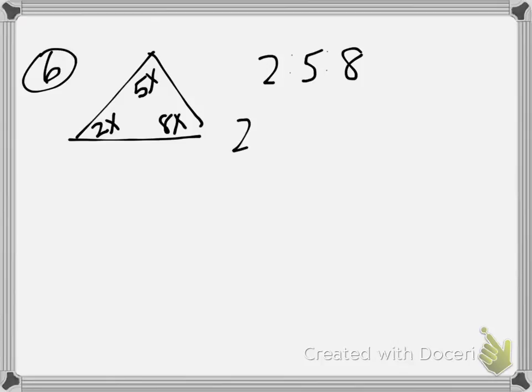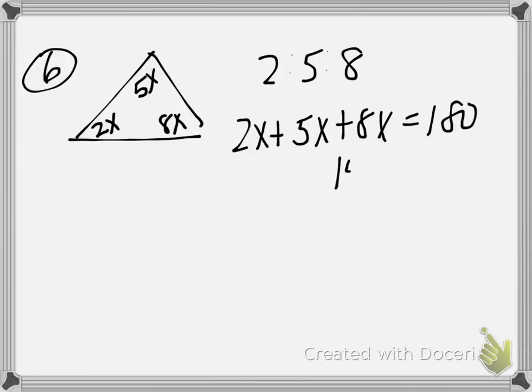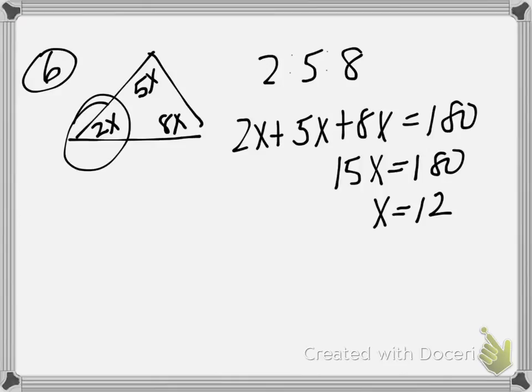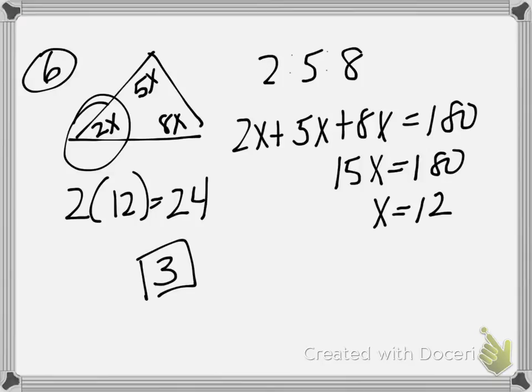And we know when we add them together, they have to equal 180. So this gives us 15x. Divide by 15, and x equals 12. So the smallest angle will be the one that's 2x. So you're going to get 2 times 12, which is 24, and that's choice 3.